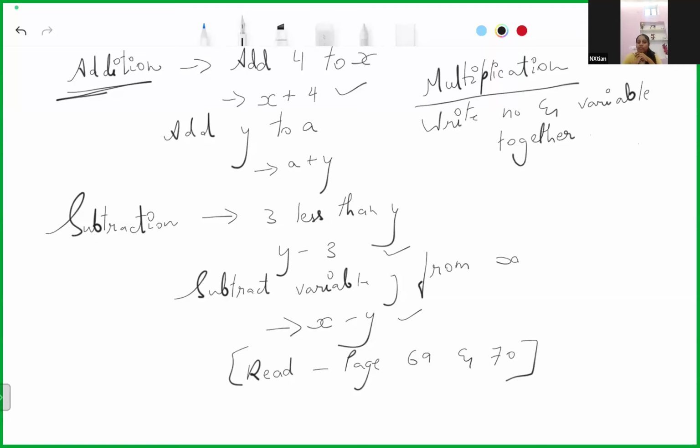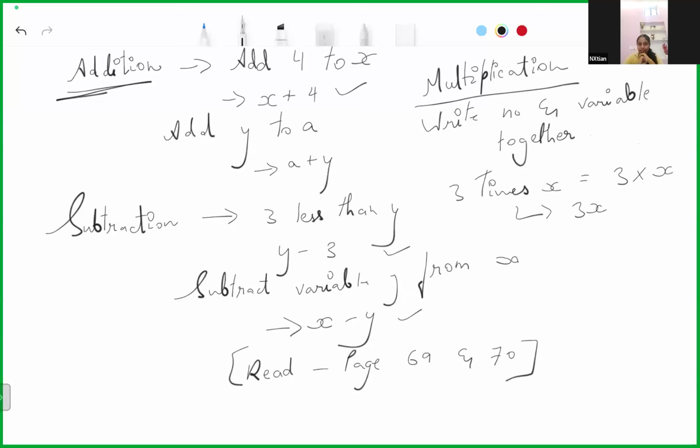When we are multiplying in algebra, we don't put a multiplication sign. We just write them together, so it's understandable that multiplication is there. For example, 3 times x. I will not write 3 into x. I can directly write 3x. Where I've written 3x, it's understandable that it is 3 into x.